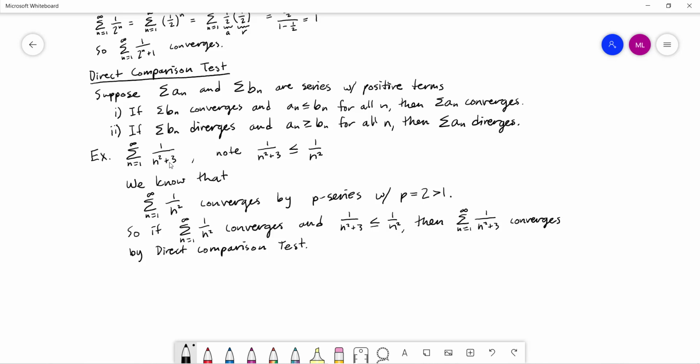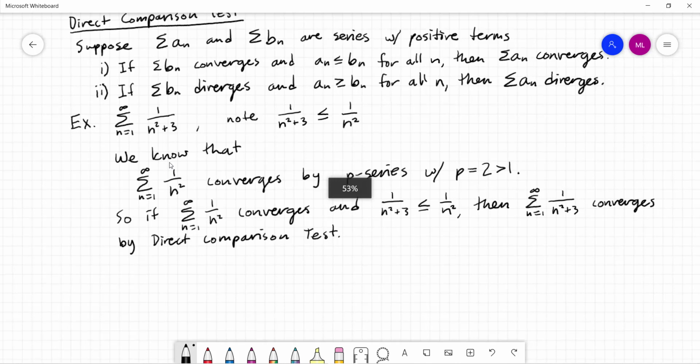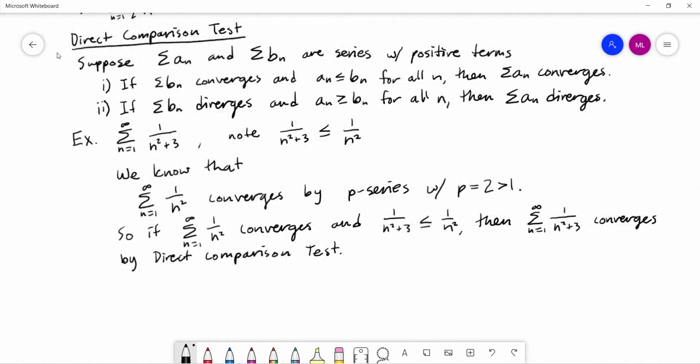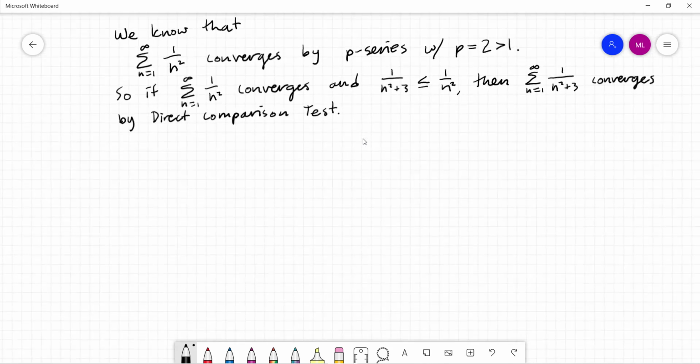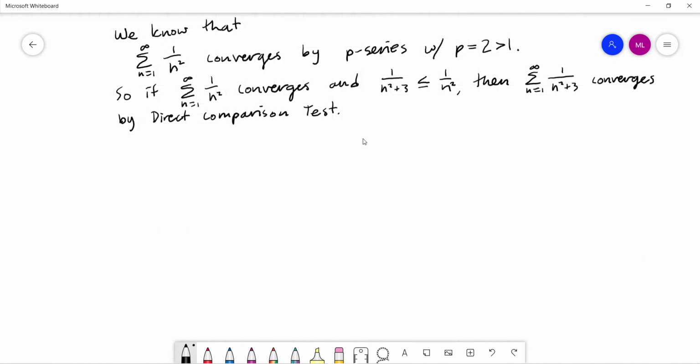And so this brings us to a second test, a different type of comparison test that instead of being a direct comparison test, where we directly compare the terms in the series, we're going to look at something called a limit comparison test, where we're going to compare the limits of those terms in the series.